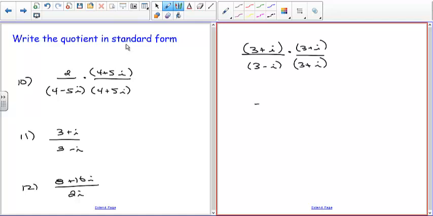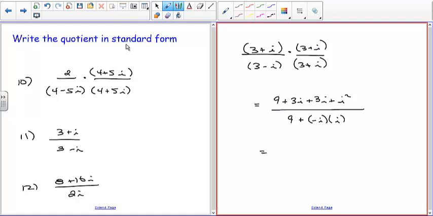In the numerator, you're going to end up with 3 times 3, which is 9, plus 3i plus 3i, plus i squared, i times i. In the denominator, you have 3 times 3, which is 9. The inner and outer cancel out, and you'll have plus negative i times positive i.